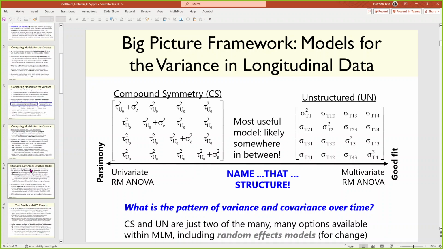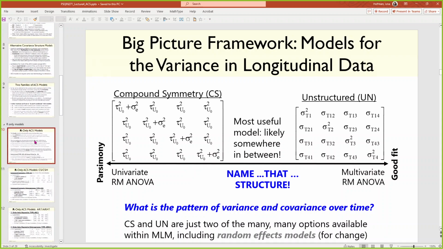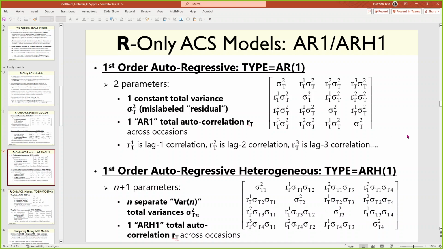I called taper pants because, let me find that one here. It has 2 parameters, regardless of how many occasions there are. It has 1 total variance, so this is not a structure that differentiates between versus within. It does not partition variance. It just says you have this much total variance at each occasion, and it's 1 number.